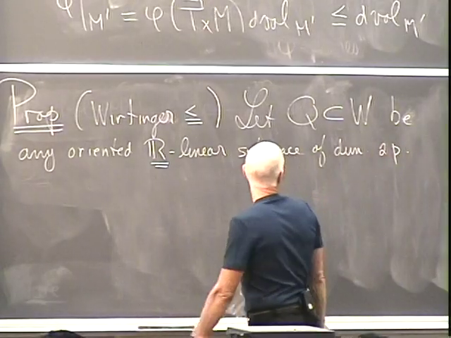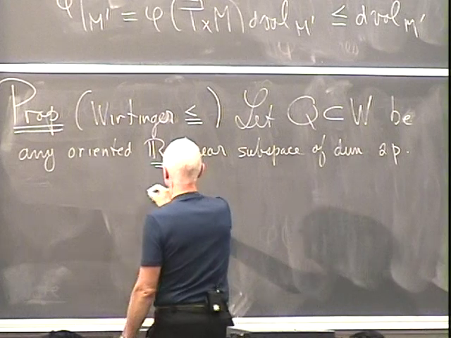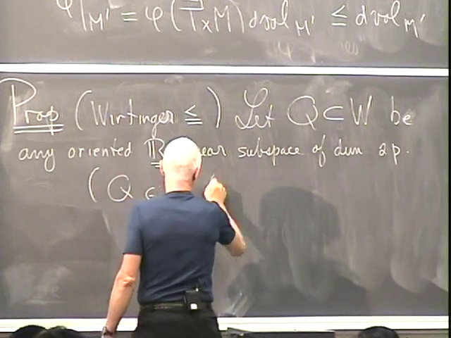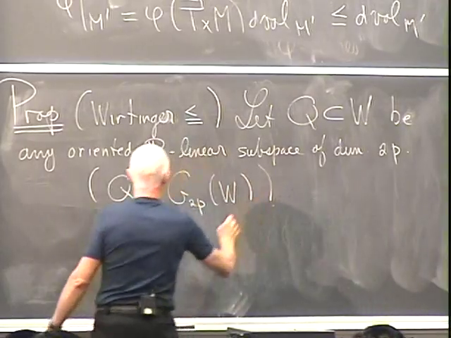So Q is in G2p of W thought of as a real space.